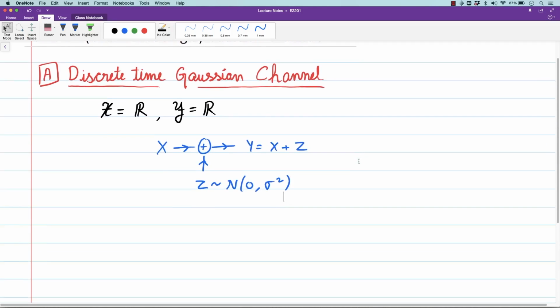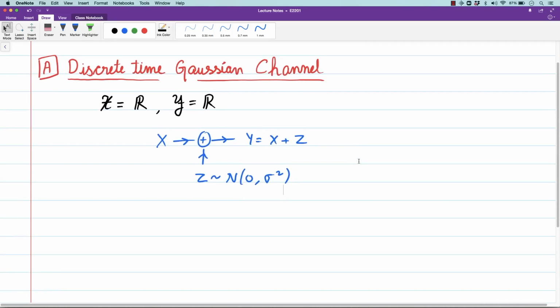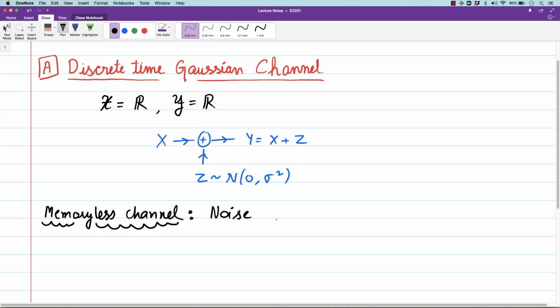Just as we have been doing earlier, we consider a memoryless channel. What is the memoryless property here? It just means that the noise added in each use of the channel is independent.